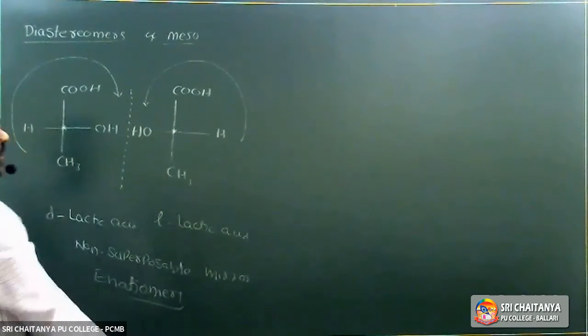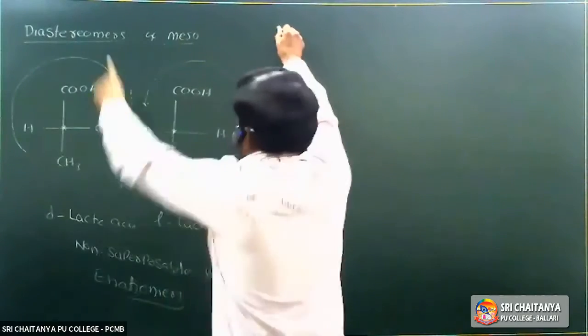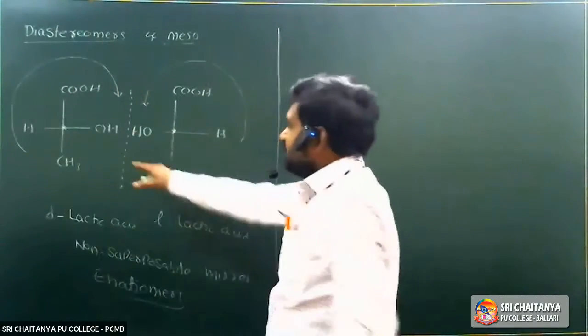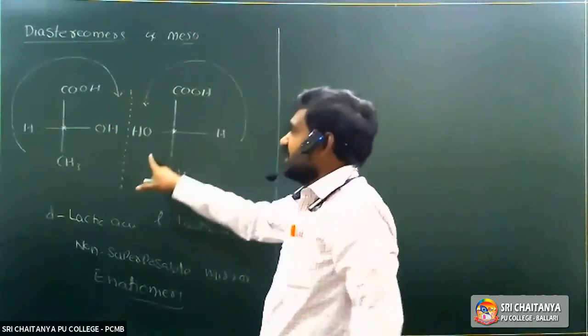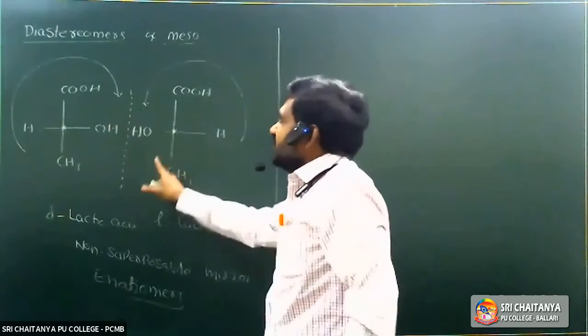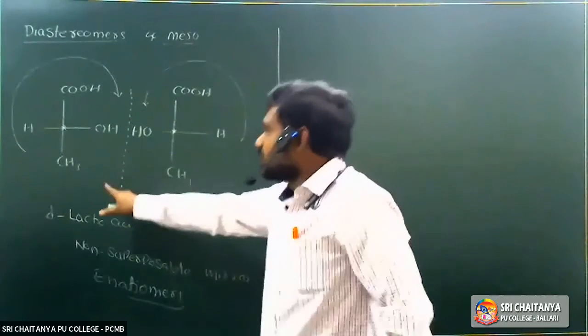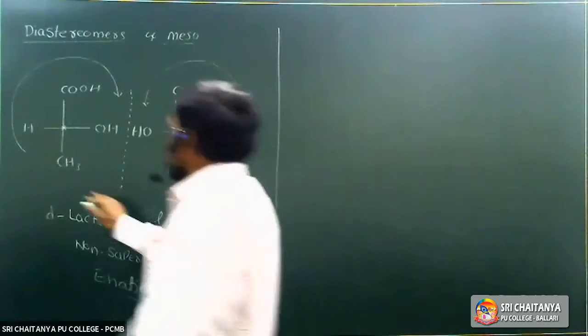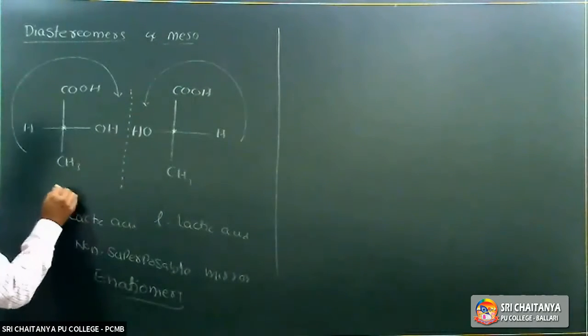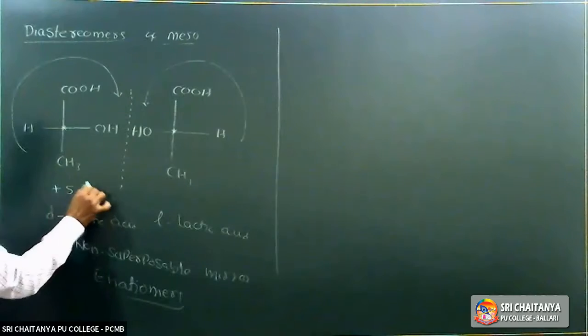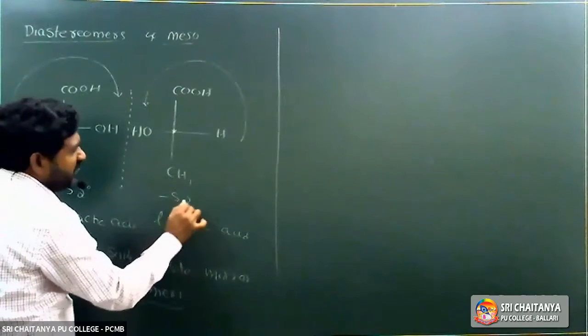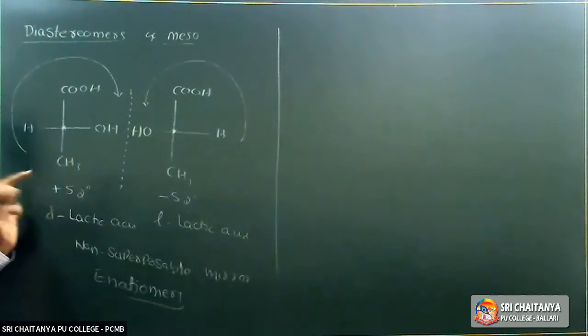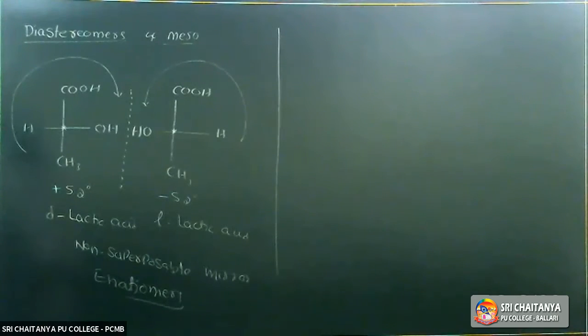Enantiomers have almost the same physical properties and similarities in their chemical properties, and almost the same rotation value. Suppose one rotates plus 52 degrees, the other rotates minus 52 degrees, but the optical rotation direction is opposite.